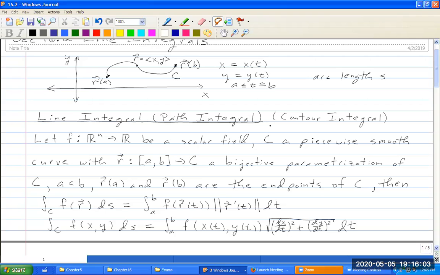Also means something different in physics. So it's the path integral that corresponds to the line integral. Okay, so rather than the path integral, that's motion spaces.